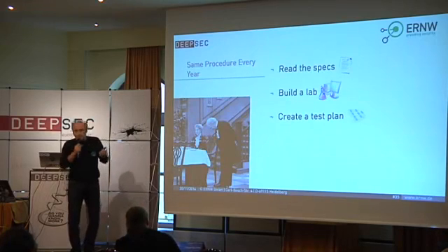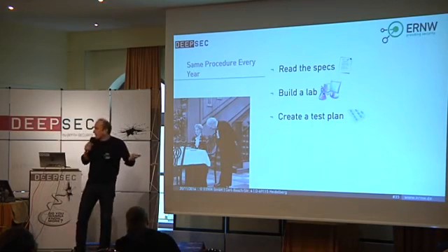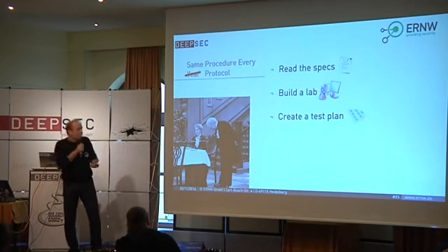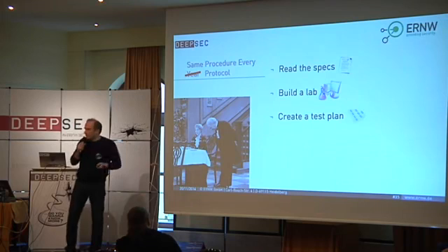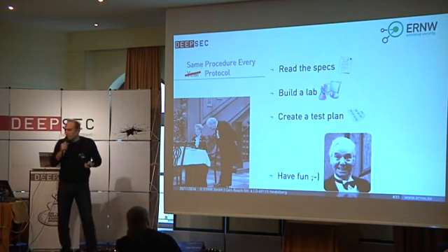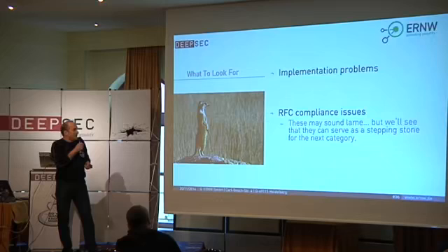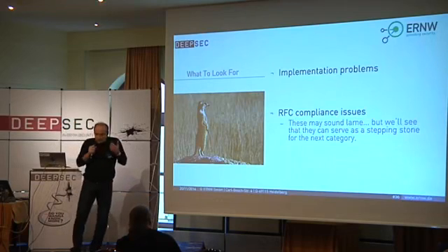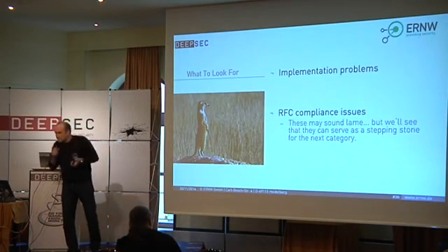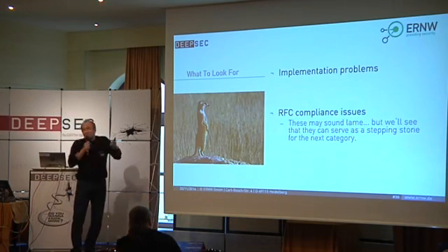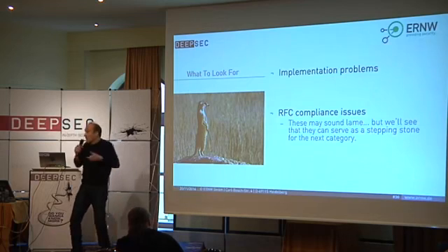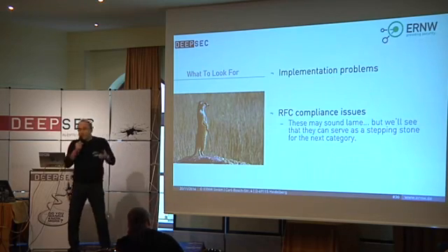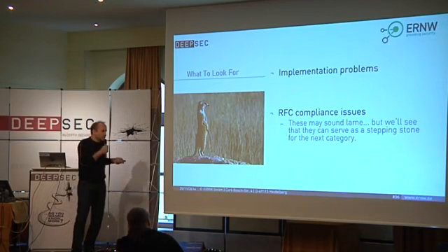So if you want to do some study about yet another protocol, what should you do? Okay, we read the specs, we take our lessons, we build a lab, we create a test plan, we will see it in a minute, and then we just have fun. But what should we look for in a protocol like MLD? First of all, implementation problems. Do all vendors implement this protocol in the proper way? Are there any problems regarding parsing, which means fuzzing?